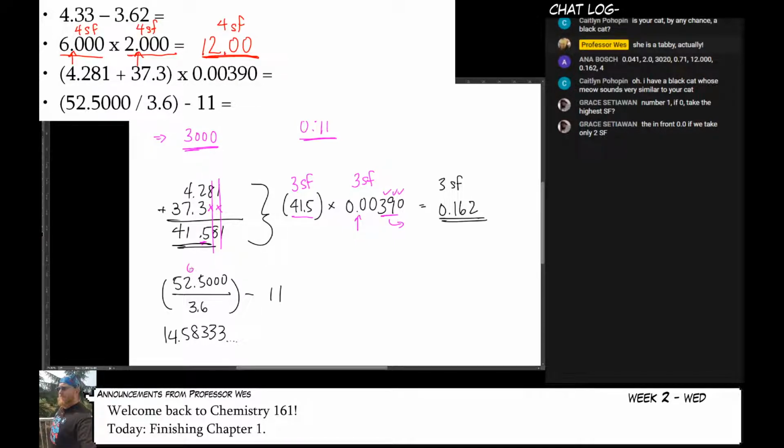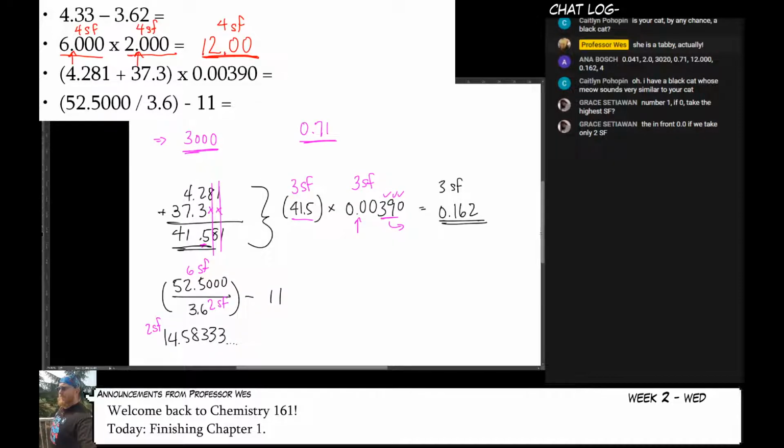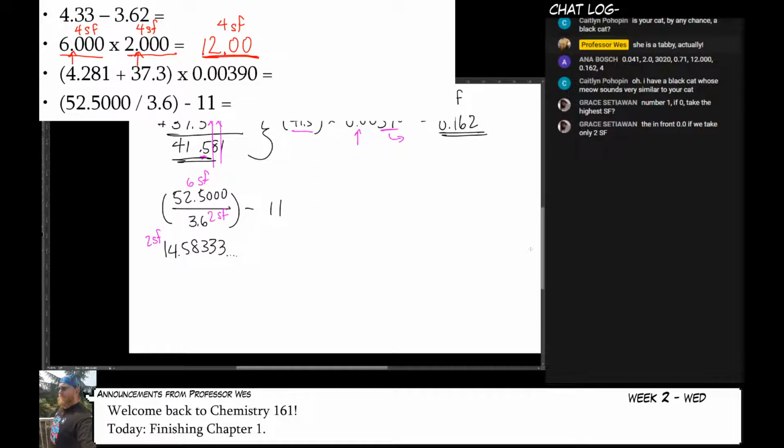So the top has 6 here, but this only has 2. So my answer should have 2. And so I report my answer as this: 15. And then I've got to do this part, which I almost forgot, actually. And there's my answer.